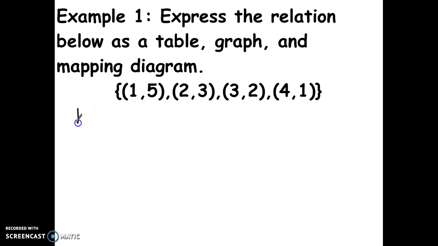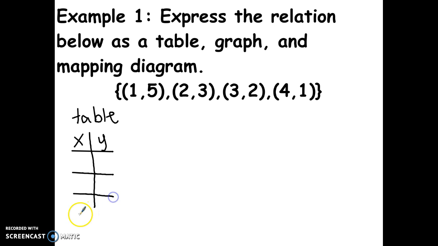So let's begin with the table. We know a table consists of the X and Y values. So take a minute to draw your table. Try to make yours look better than mine does.